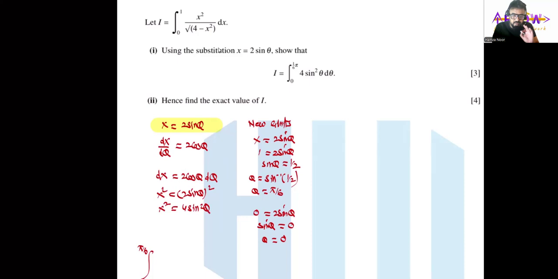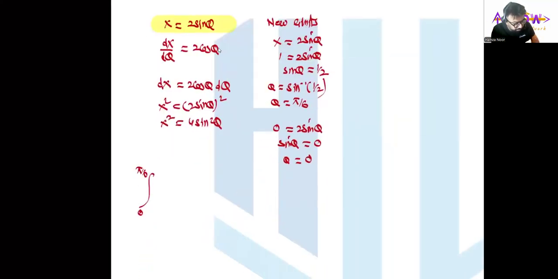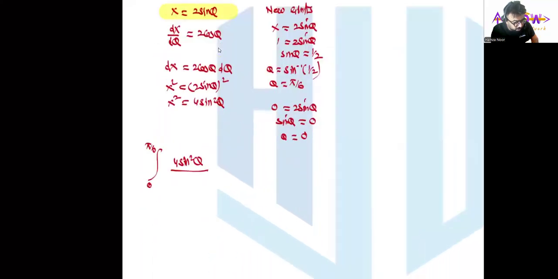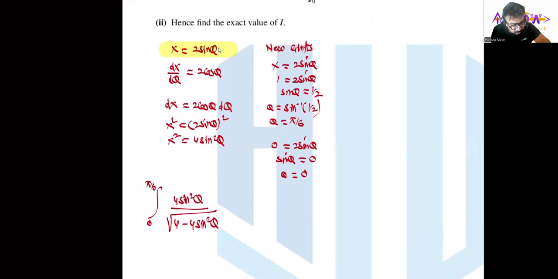So in place of x squared, we have 4 sine squared theta upon under root of 4 minus x squared, meaning upon under root of 4 minus 4 sine squared theta. And in place of dx, we are going to write 2 cos theta multiplied by d theta. So far, we have achieved this.